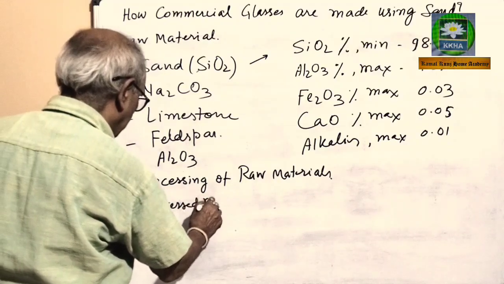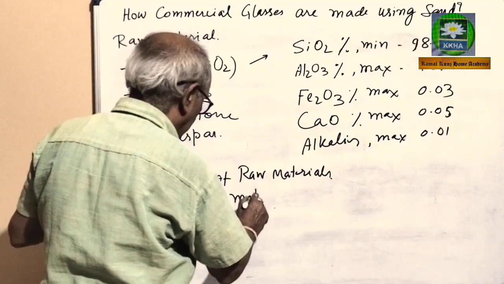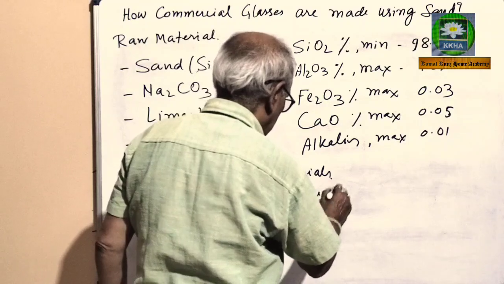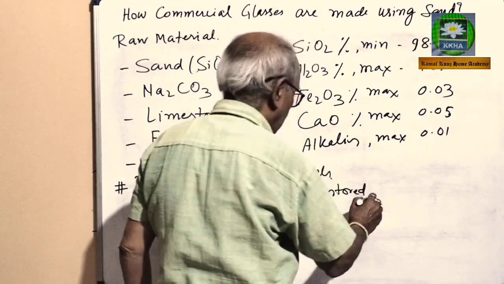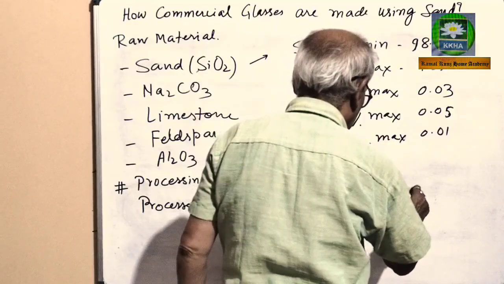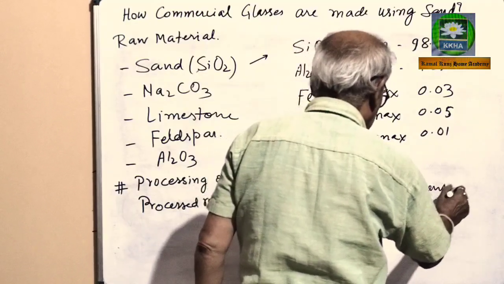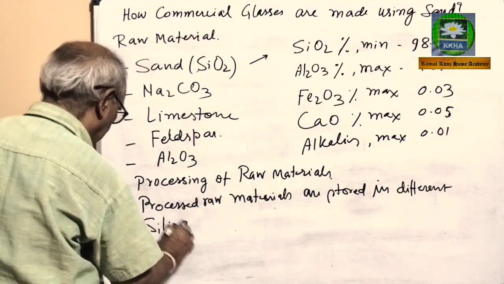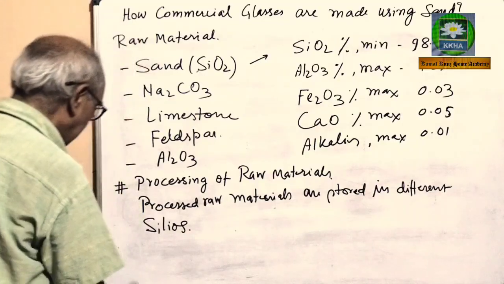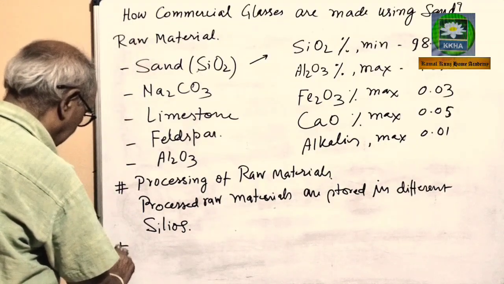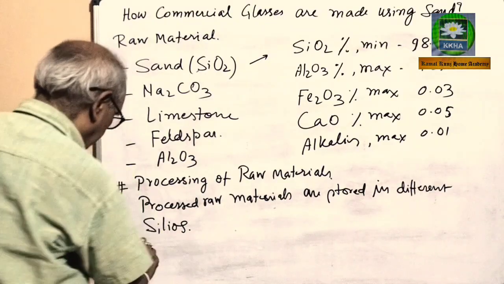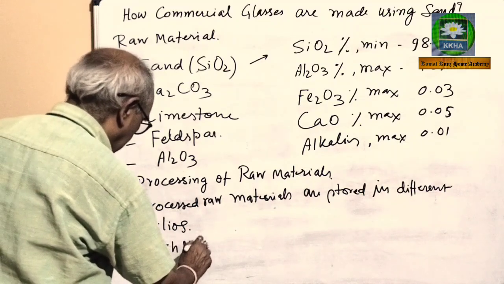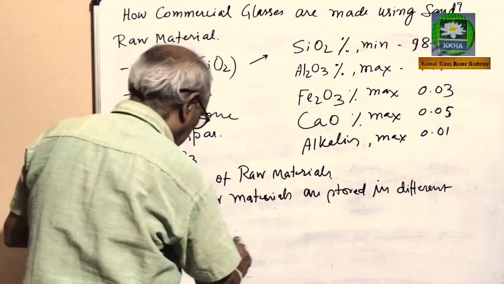Processed raw materials are stored in different silos. Then batch making, and then mixing.